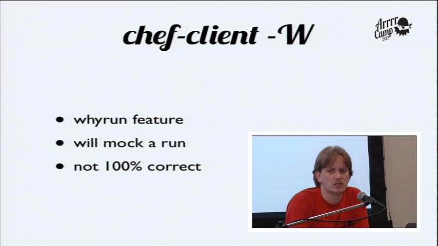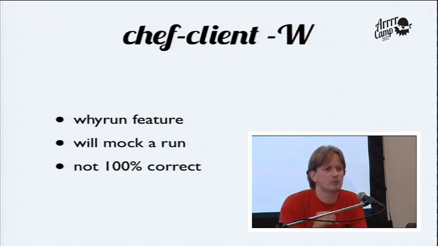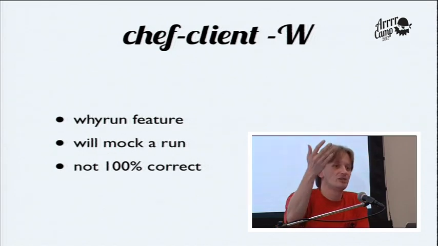Now, quite easy. If you didn't run your Chef for a couple of weeks on a certain machine, and you need it, and it doesn't run continuously, you run it first with a Y-run, and then it will tell you what exactly would change. Now, this isn't 100% correct. Say that in one step you create a file, and in a second step you check if the file is there and then do some action.